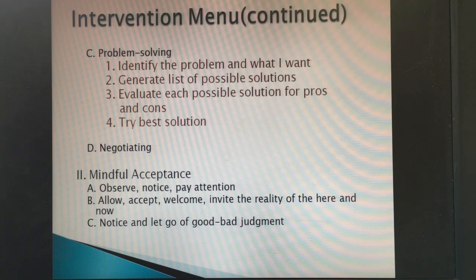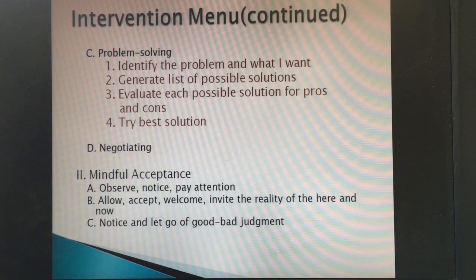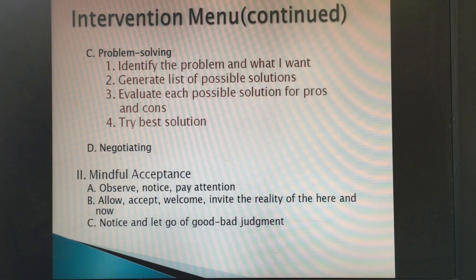Once you've got them written down, then you're evaluating each possible solution for its pros and cons, what will be the best way to handle the situation, and then you actually try the best solution to optimize your chance of getting what you want or solving the problem. So a lot of interventions in CBT will focus on helping this person engage in these steps of problem solving.